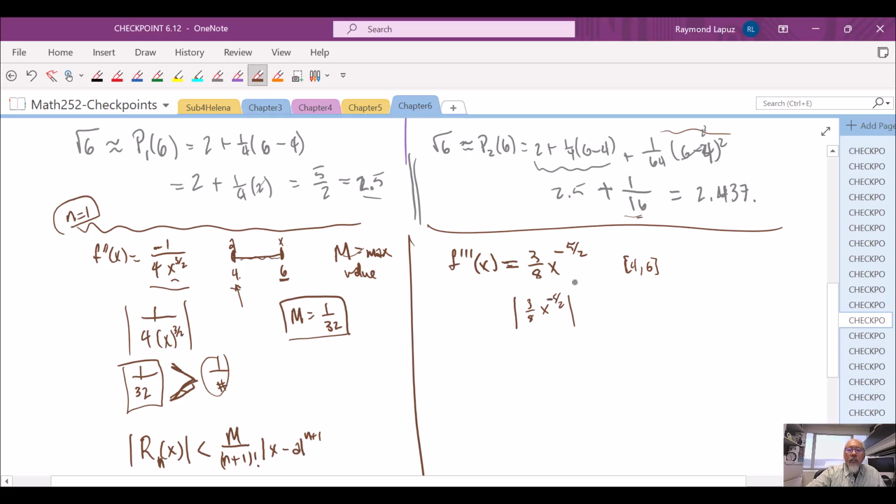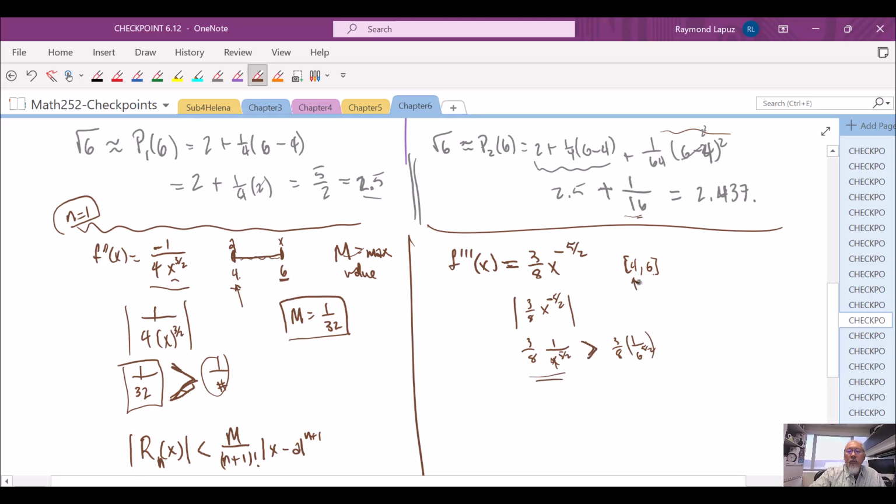This is a negative power, so this goes down in the denominator. It looks like it's going to be the same story. We got 3 over 8 and then 1 over x to the 5 halves power. If we put 4, we're going to get a smaller number in the denominator than if we put 6. But a smaller number in the denominator will make this bigger than when you put 6 in there. So put 4 in there, 3 over 8, and put 6 in here, and this is going to be greater.